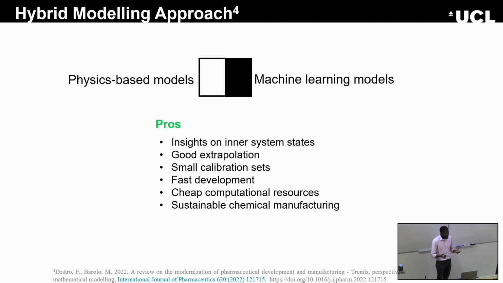We are going to be using small calibration sets because we have our physics-based model already, which is able to supply a large data set. And there is also room for fast development because of the machine learning models, as well as cheap computational resources. And then we'll be able to achieve our goal of sustainable chemical engineering.